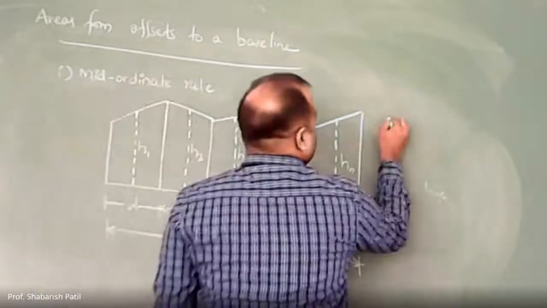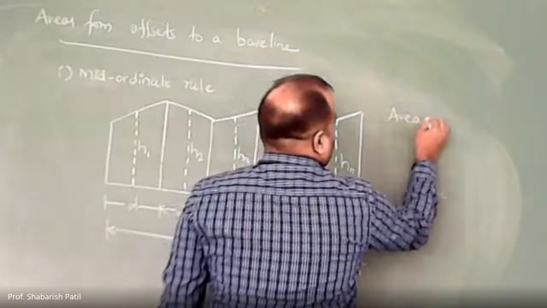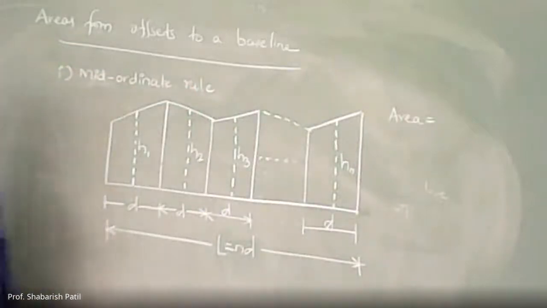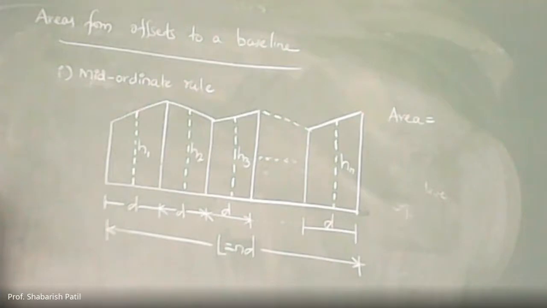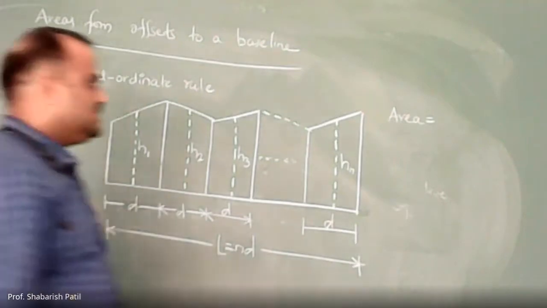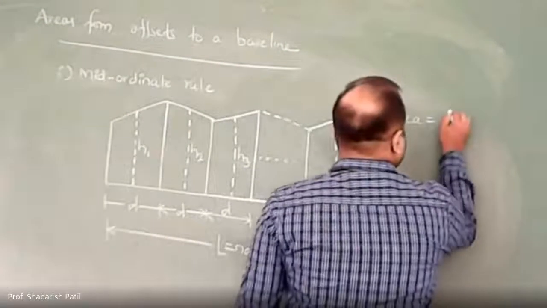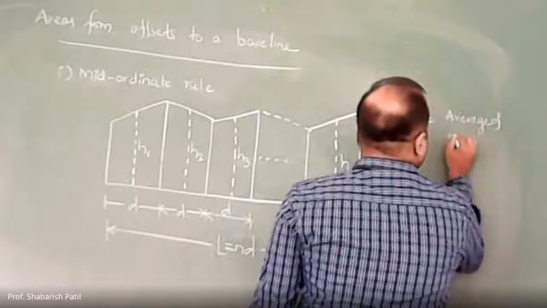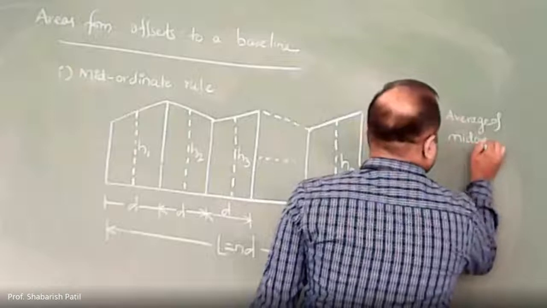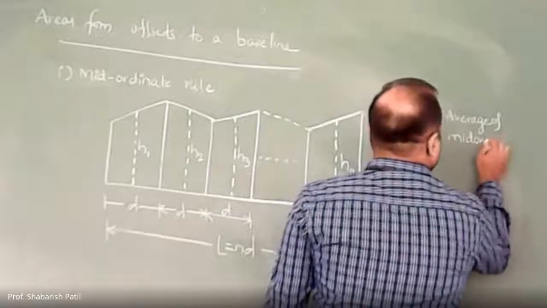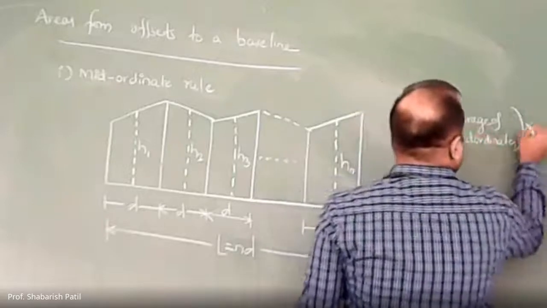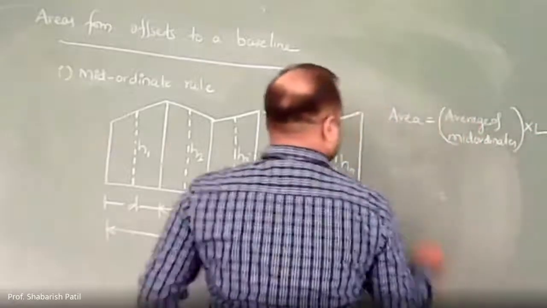In the mid-ordinate rule, your area equals the average of mid-ordinates multiplied by the length of the baseline.